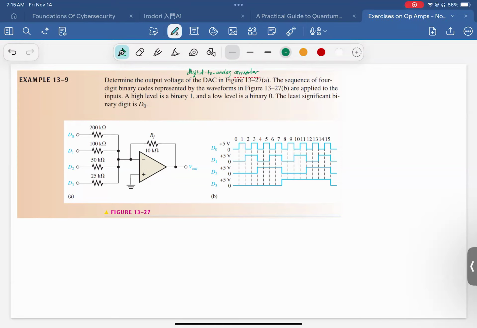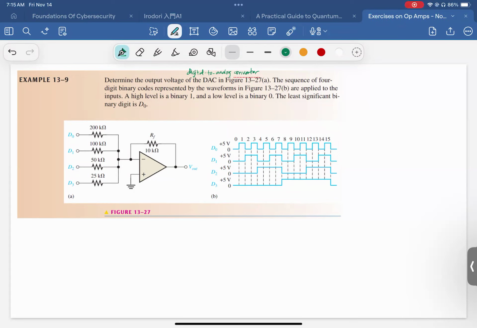Now, you can convert that digital signal to an analog signal using itong mga ganitong klaseng circuits, a digital to analog converter. Of course, meron ding ADC, so analog to digital converter na circuits. So basically, ito yung ginagawa nung circuit na to.